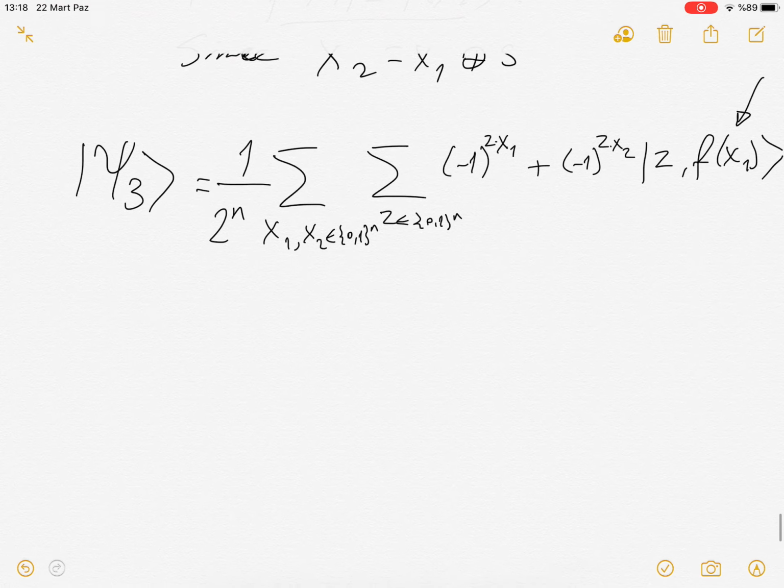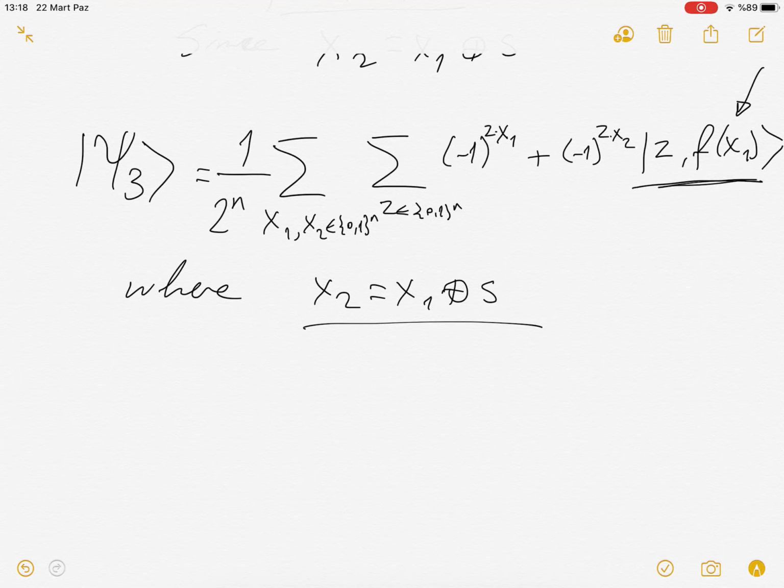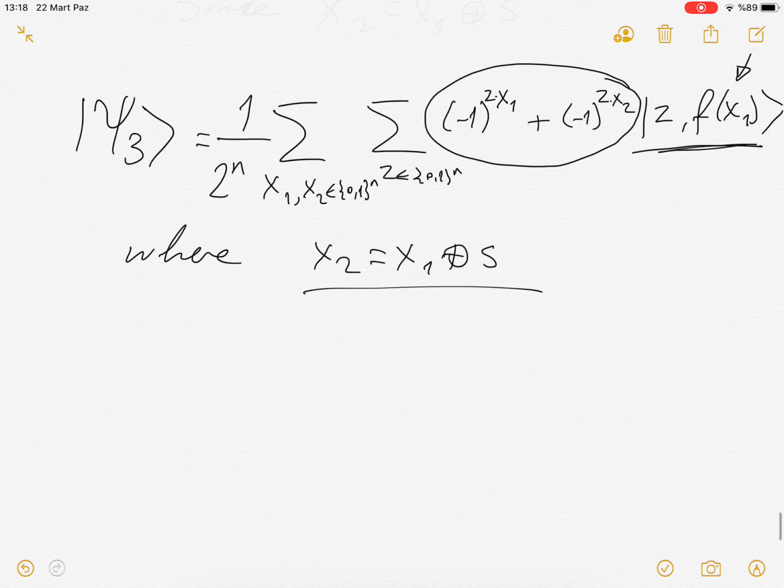Okay. All right. So now we know that x2 equals x1 XOR s. So I also know this. This is given. So let's look at the amplitude of this basis state. I'm looking at this expression now, the amplitude of |z, f(x1)>.